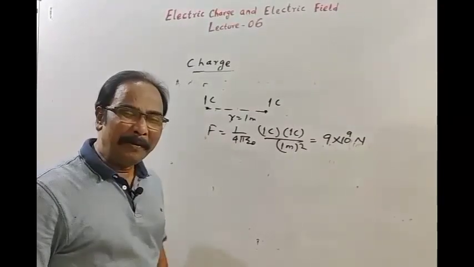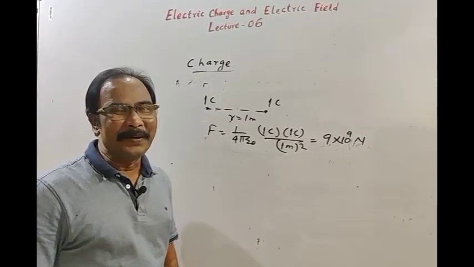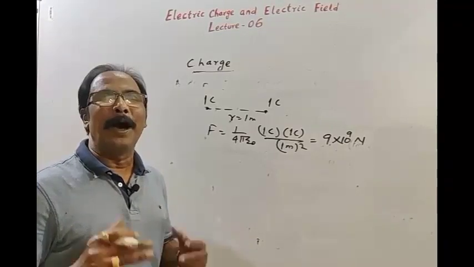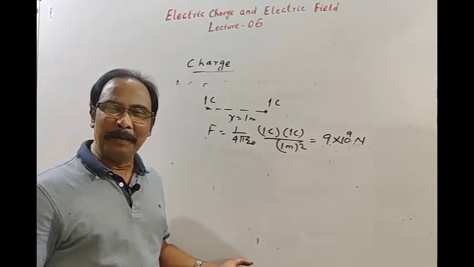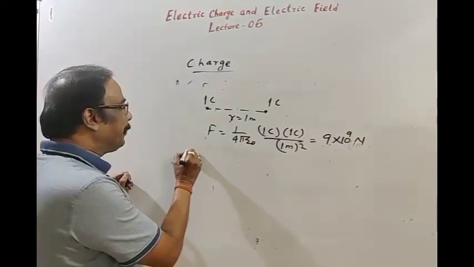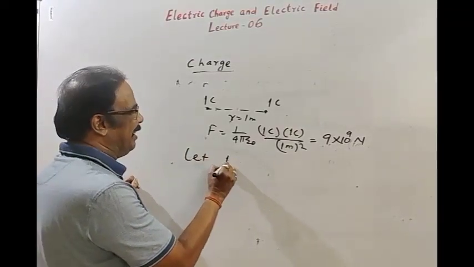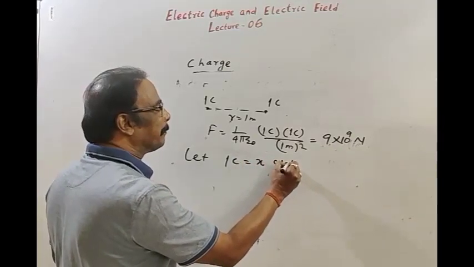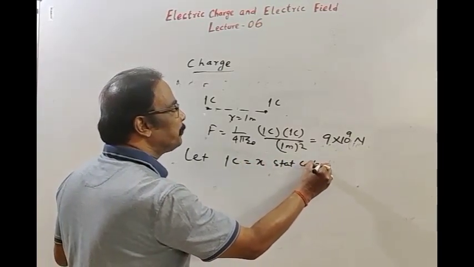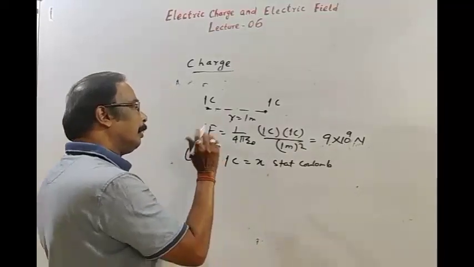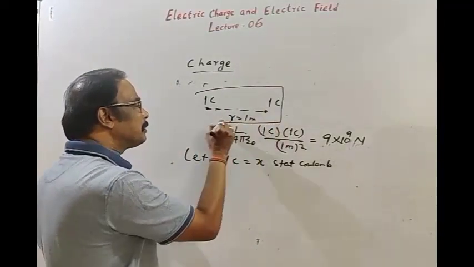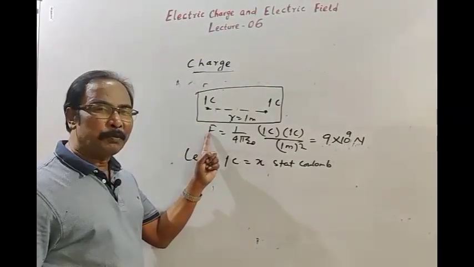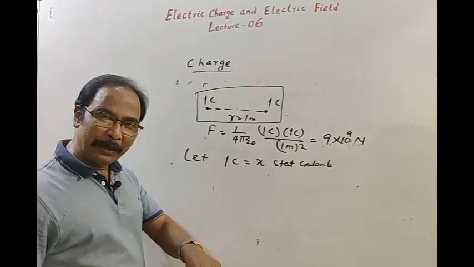Then we want to know how much ESU of charge 1 Coulomb is, or how many stat Coulomb. We don't know, so let 1 Coulomb be equal to x stat Coulomb or ESU of charge. Then for the same situation, we will convert this force into CGS units.